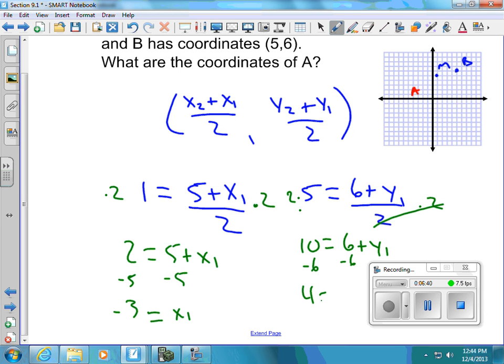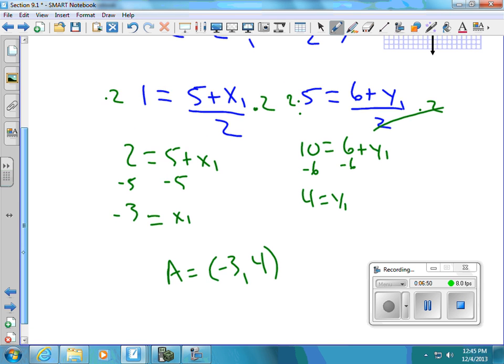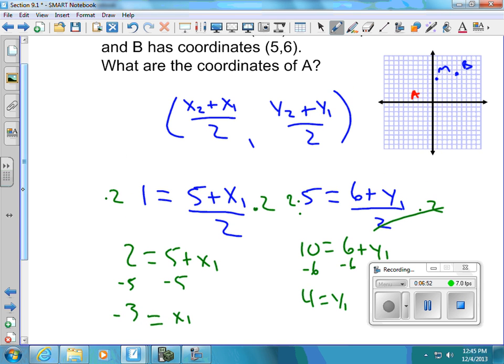We get 4 equals y sub 1. So the xy coordinate for A, put that together. A is negative 3, 4. Let's see if that works out when we plot it. Left 3, 1, 2, 3, up 1, 2, 3, 4. I would say that puts a nice endpoint to the line AB with M being in the middle.